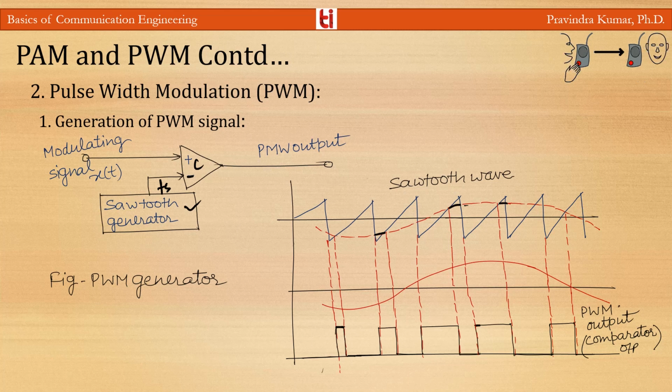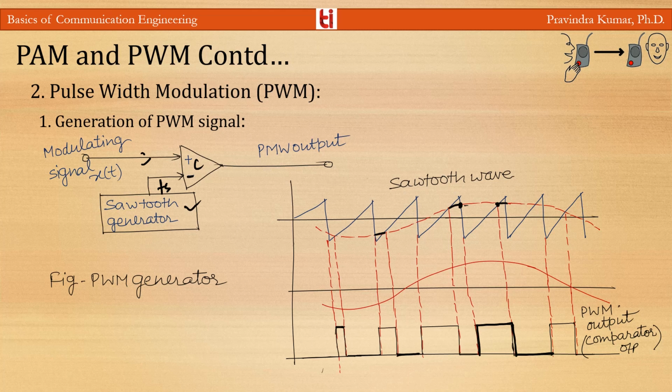You can see the pulse duration varies in accordance with your message signal. Whenever it is high, the pulse duration will be there, and whenever the modulating signal is low, it will give you zero magnitude of the pulse. So at the output we will get the PWM signal.